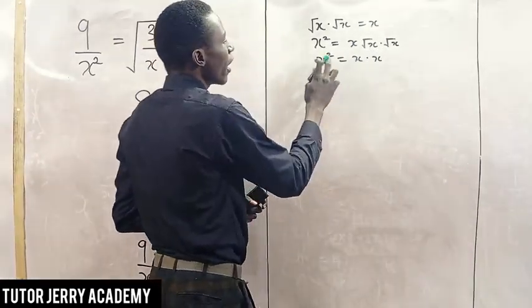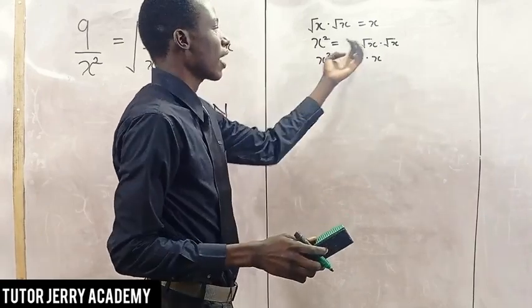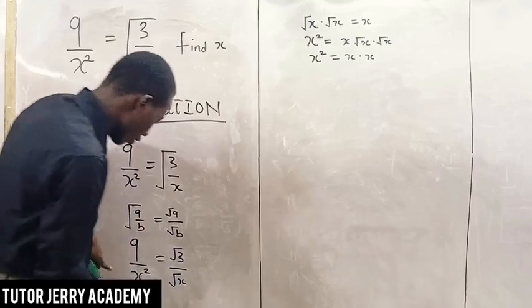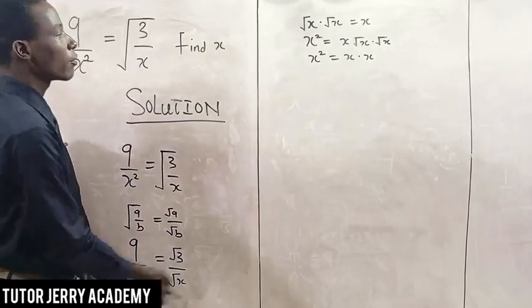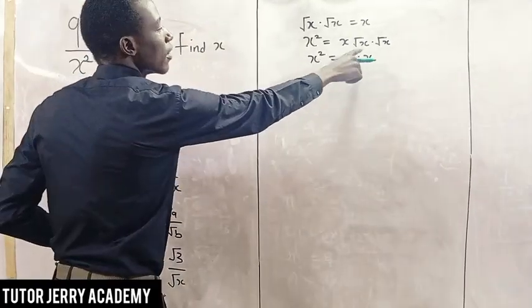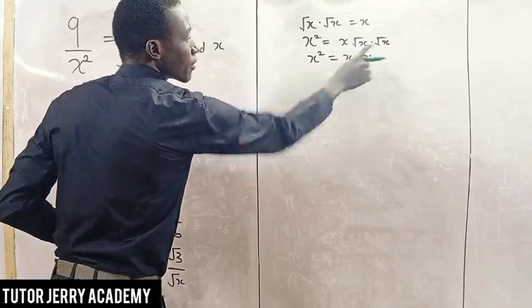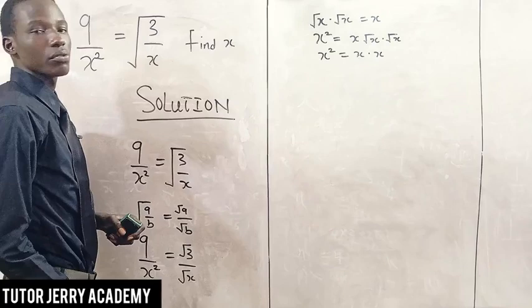It means that x squared can be written as this. So for x squared, we are going to replace it with x multiplied by the square root of x multiplied by the square root of x.